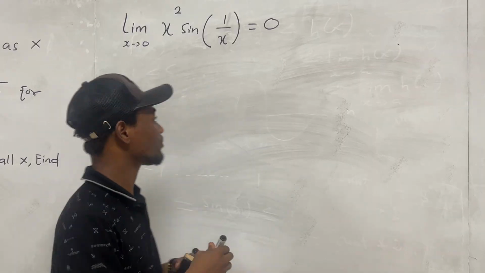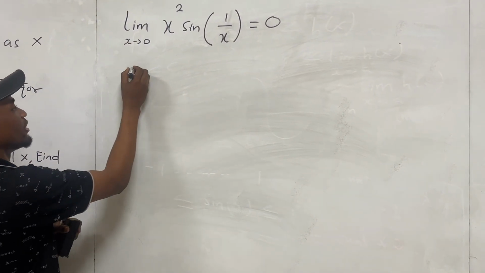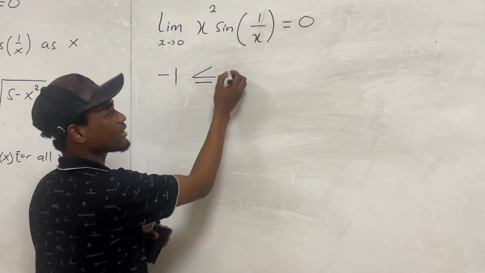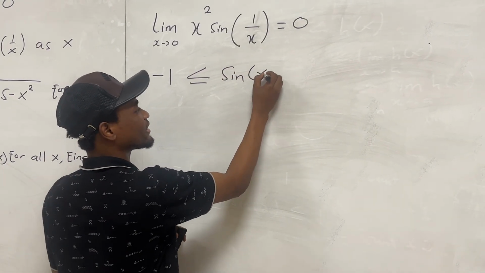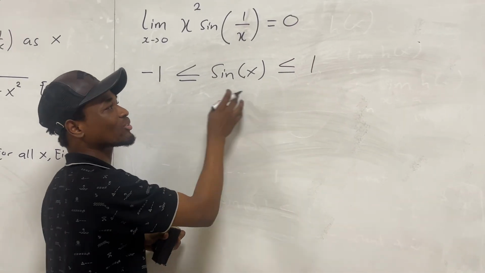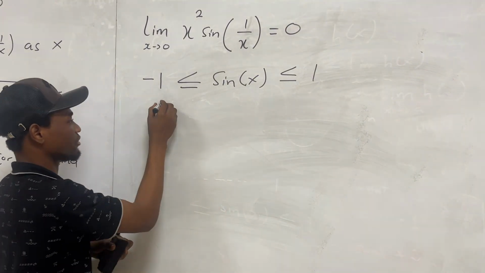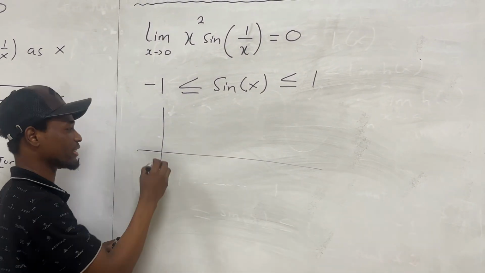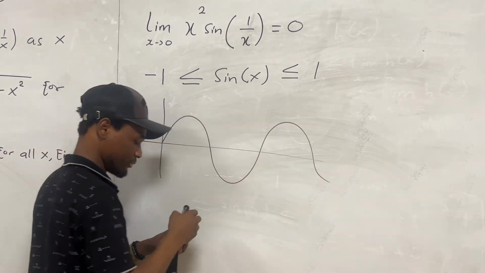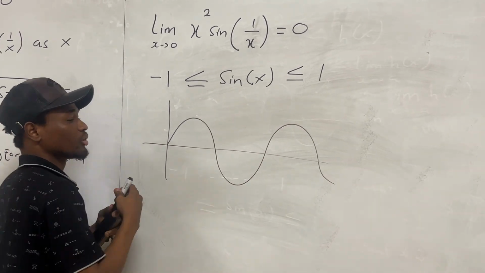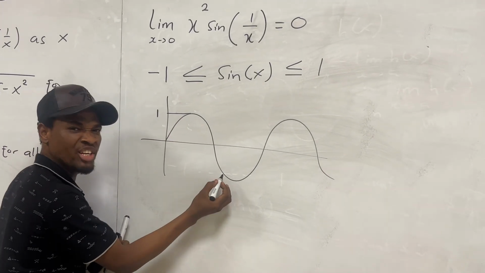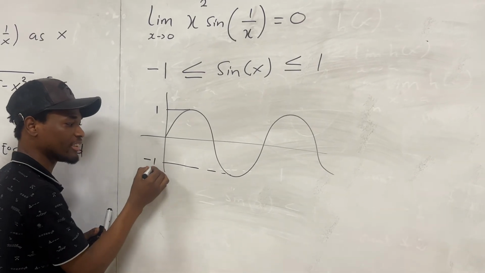In other words, we have -1 less than or equal to sine x, less than or equal to 1. This is the range. To throw more light on this, the sine function from the origin oscillates this way. This is the maximum value, that's 1, and the minimum value of -1.